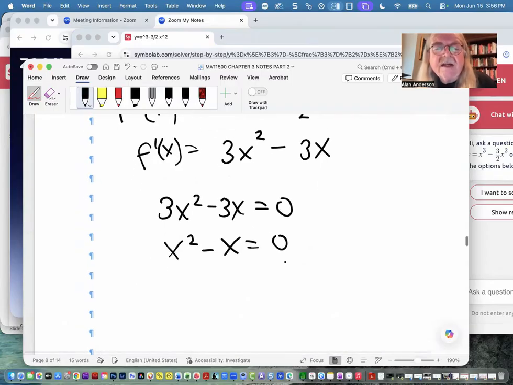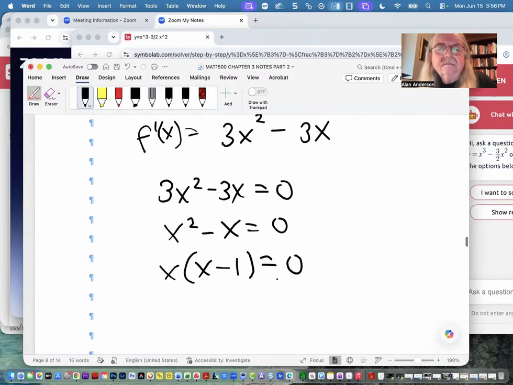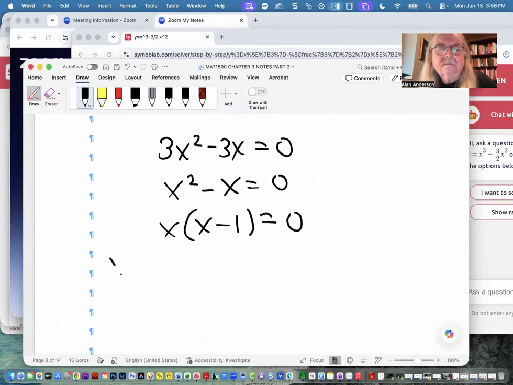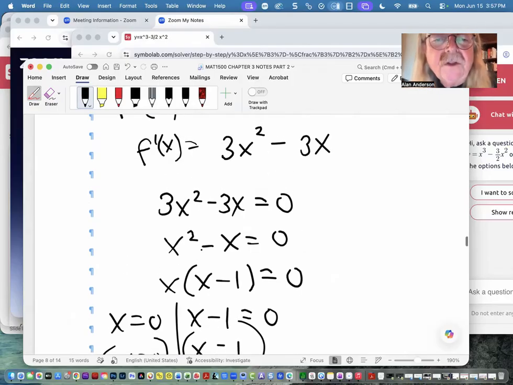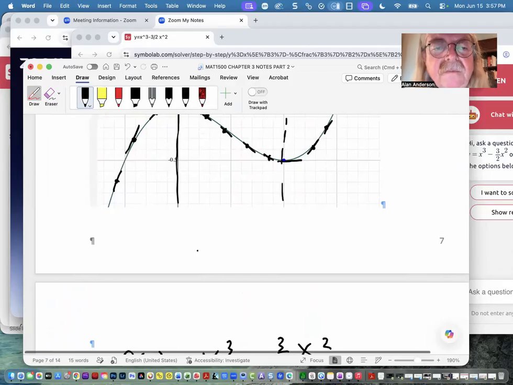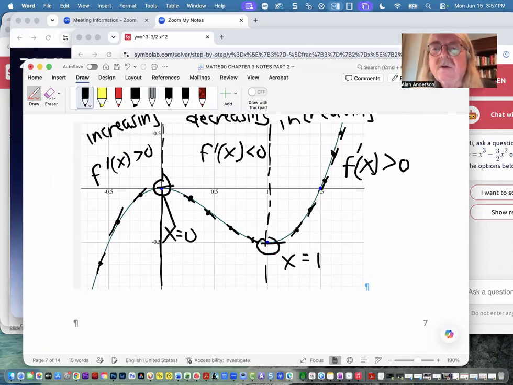Now we're going to factor this as follows. Okay, so those are the two points where the slopes change. This is where x equals 0, and this is x equals 1. This is where the slopes change.